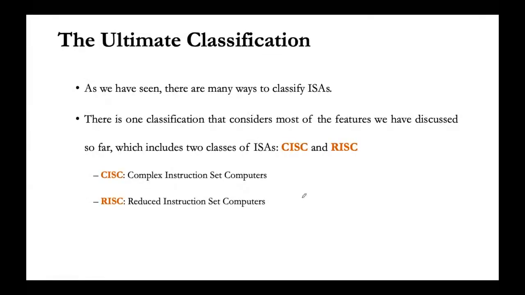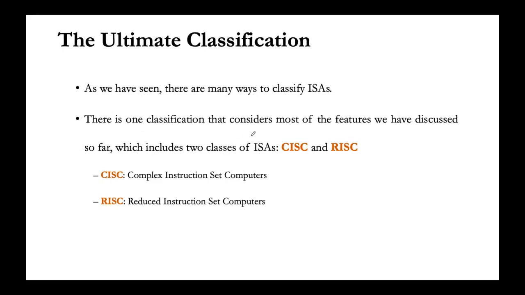Based on them, there is an ultimate classification done after lots of debates on instruction set design. As we have seen, there are many ways to classify: based on operands, based on addressing modes, based on instruction length.